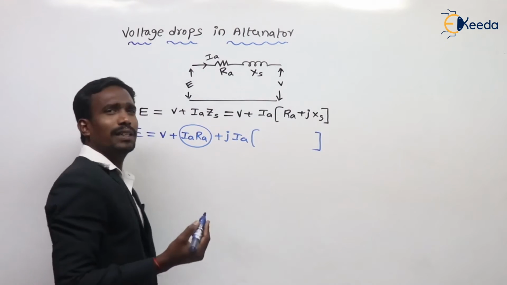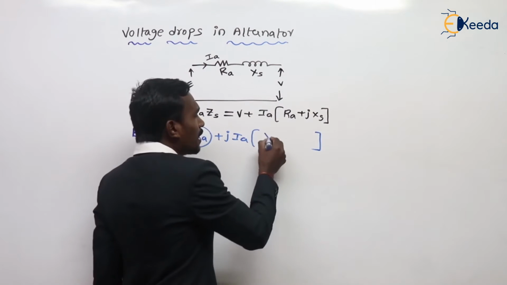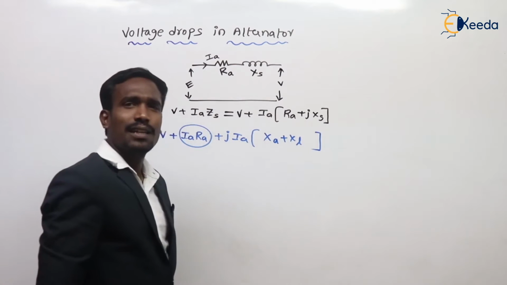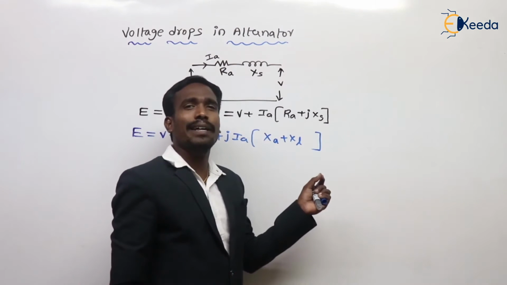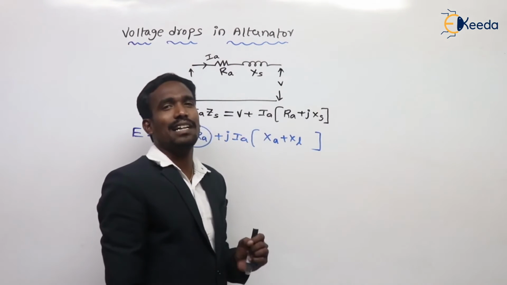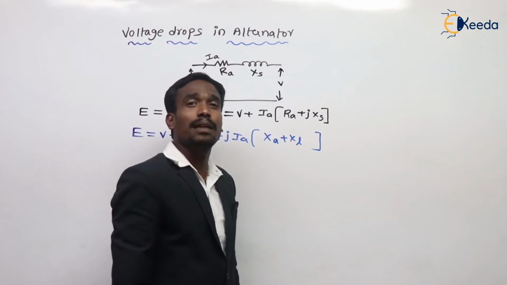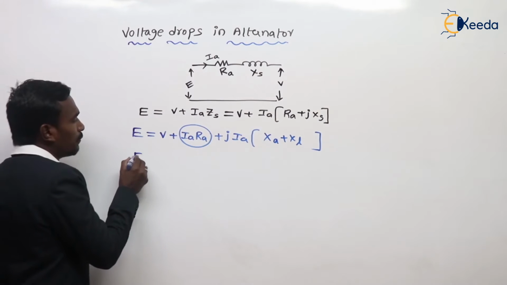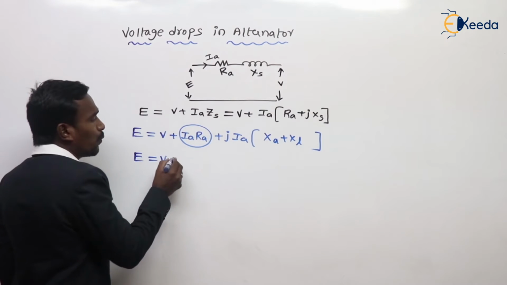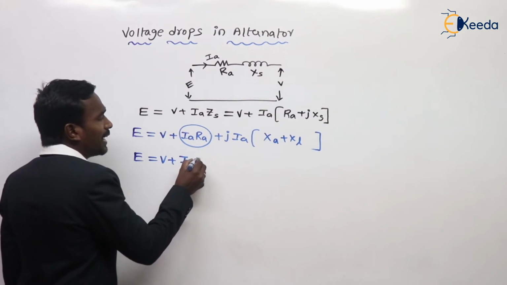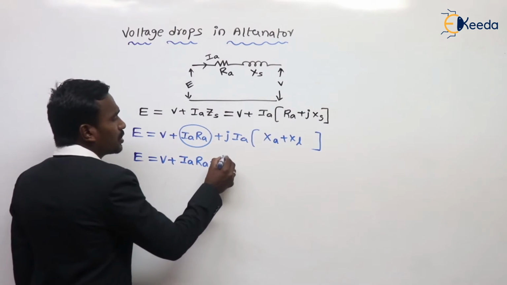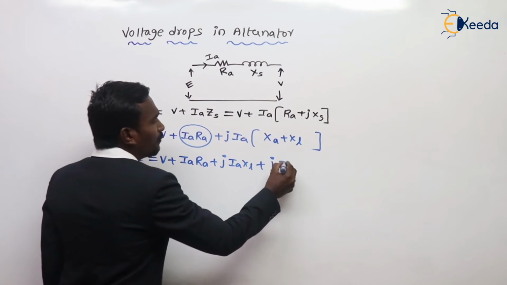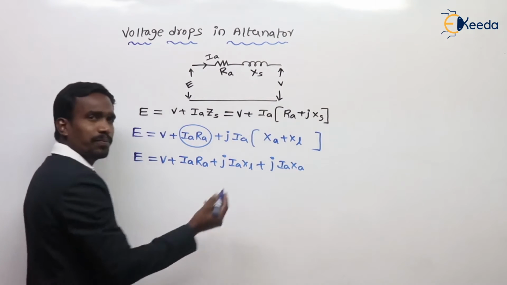XS can be written as XA plus XL. XA is nothing but armature reactance, fictitious reactance. XL is nothing but leakage reactance. Now the EMF E is equal to V plus IARA plus j of IAXL plus j of IAXA.